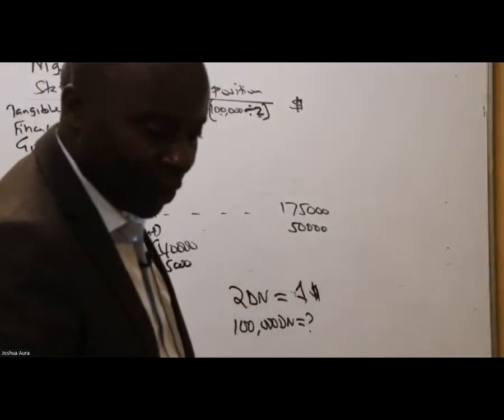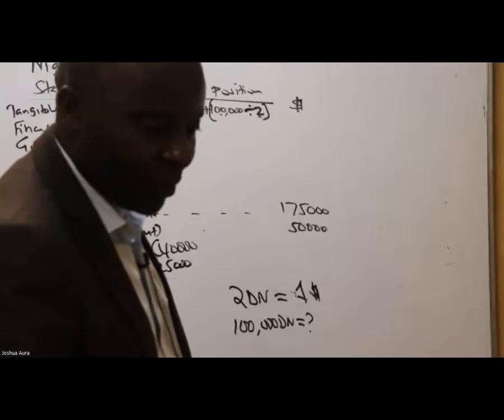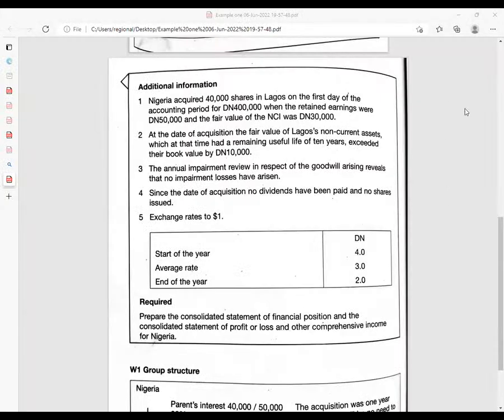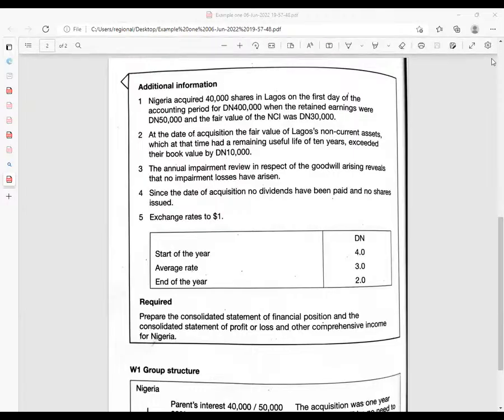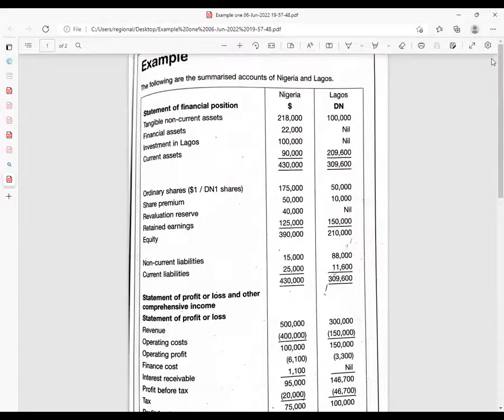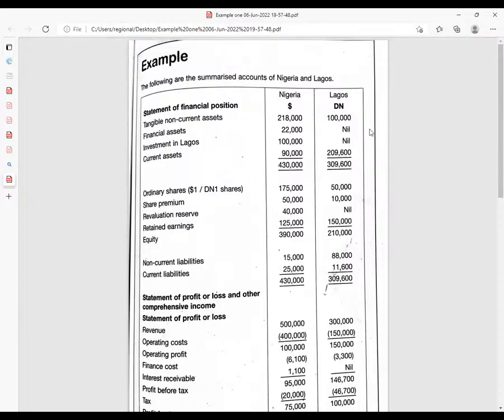The next item, ladies and gentlemen, what do we have in the next item? It is the financial assets. This is basically a free mark thing, because it is 22,000 plus 0. I love free marks in group consolidation.